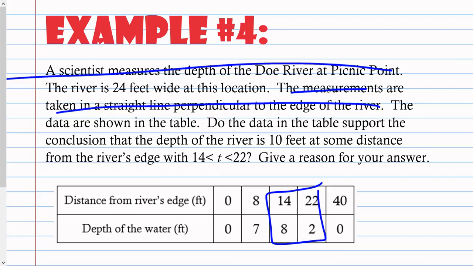So do I know for a fact from this data, can I use the IVT basically to know that yes, in between 14 and 22, this river definitely is 10 feet deep?